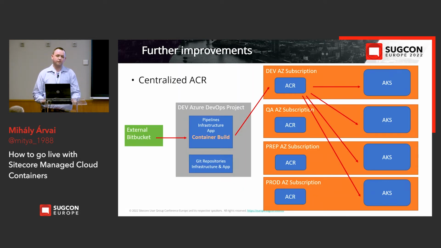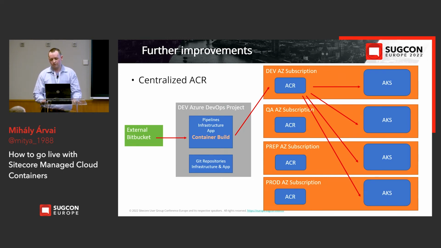So instead of this, we created an additional pipeline in the first DevOps project. That's a container build pipeline that pulls the code from an external Bitbucket repository, runs some Docker Compose and Docker build commands, and pushes the custom images into the dev subscription's container registry. We requested some service principals and some help from Sitecore, and they were very kind and helped us.